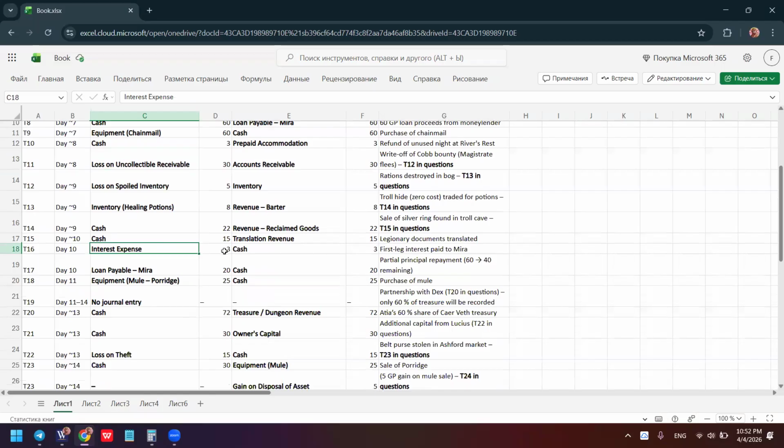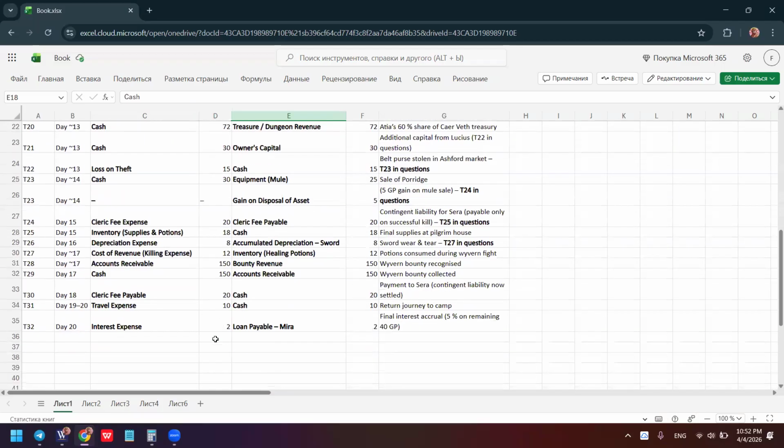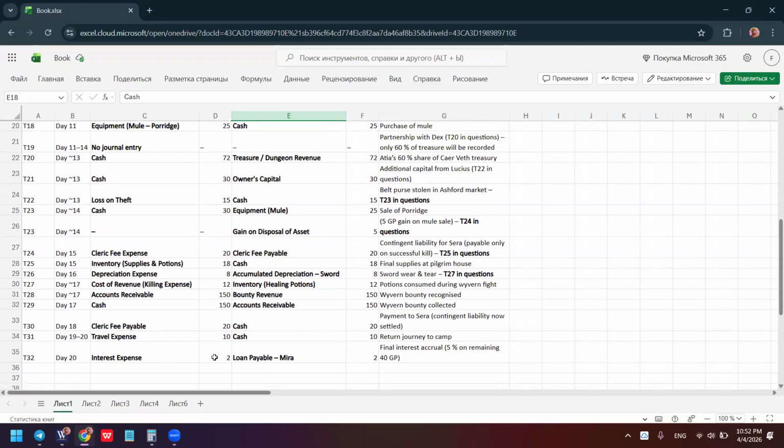So interest expense first, like interest paid to Mira. Then there must be the second one, like at the end she remembered, but it's part of one interest. If I'm not mistaken, she borrowed 60 and she had a percentage of 12% or something. No, wait. It must be 3% or something.